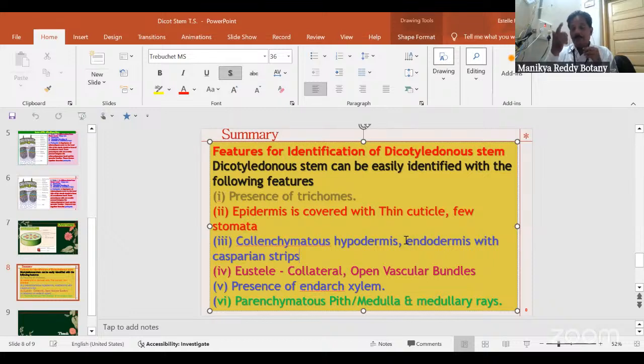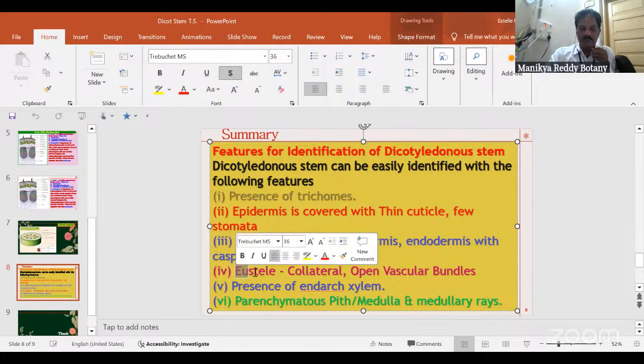Next, the important identification feature of the dicot stem is eustele. Presence of eustele is a very important key feature of the dicot stem. Eu means true. Stele is a central column which occupies the major part of the dicot stem.